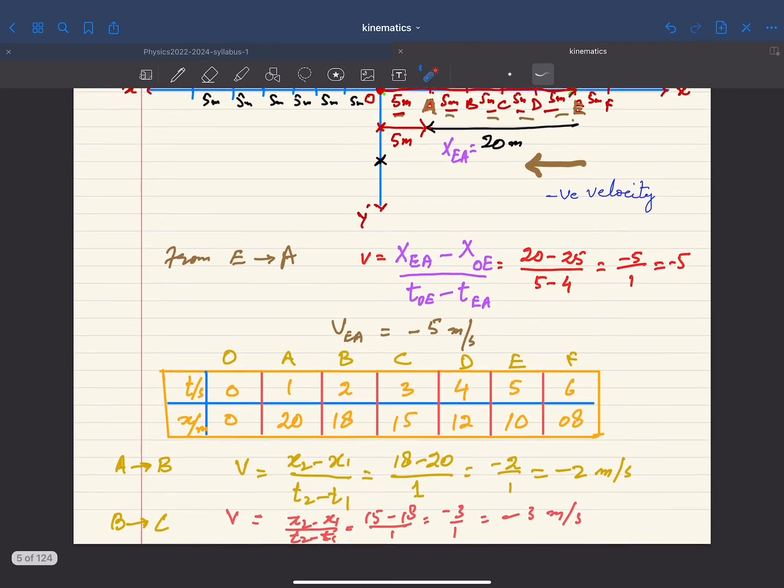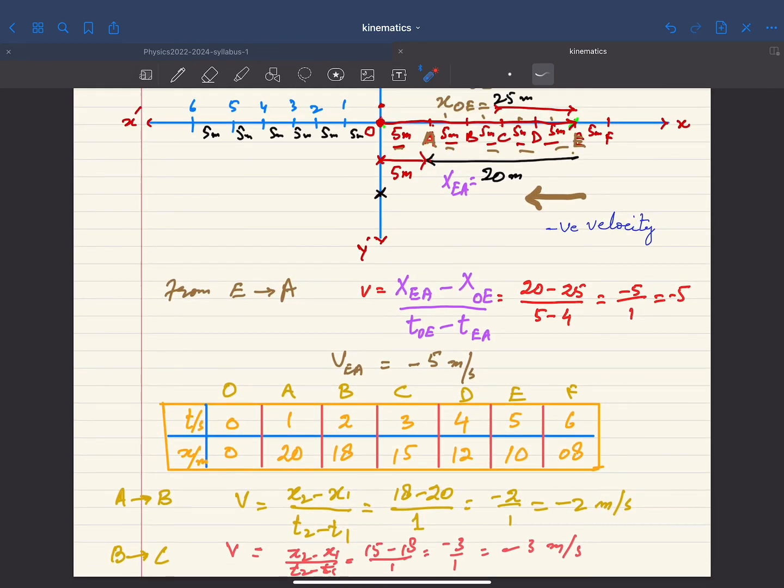On the other hand, suppose you are considering this example, and here I am taking a few values for t and x: 0 seconds, 1 second, 2, 3, 4, 5, 6 seconds. During this, the initial distance covered is 20 meters, then 18 meters, 15 meters, 20 meters, and so on.